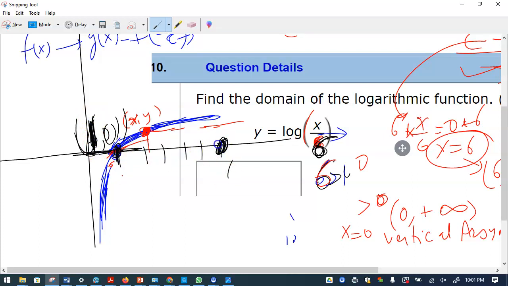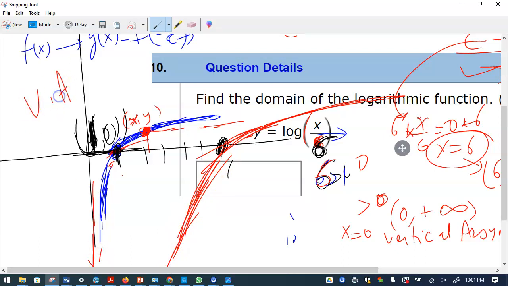That's where there is a horizontal stretch by scale factor of 6. So the graph goes this way. The vertical asymptote will remain the same, but this is how it will get stretched.